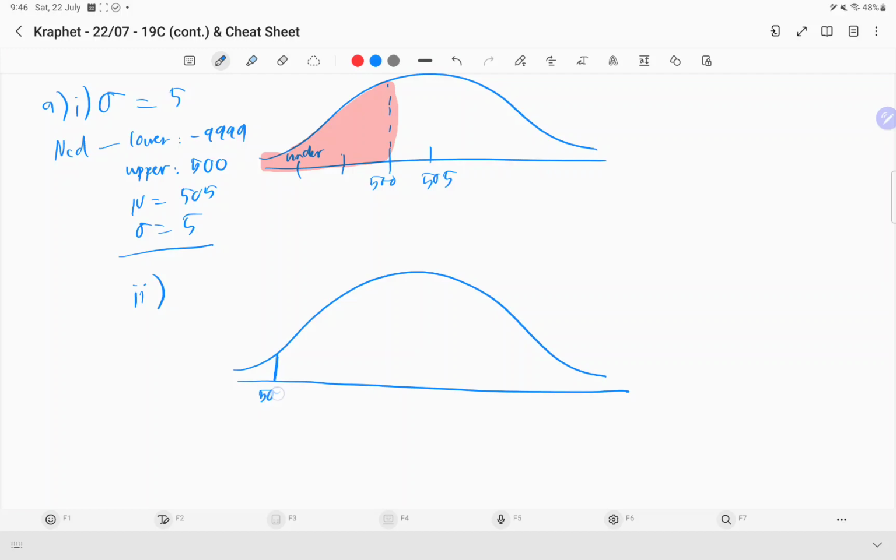Underweight again is 500, and we need to set a certain mean where the probability to the left of 500 is 0.01. We need to find the mean. Do you guys know how to do this in your calculator?